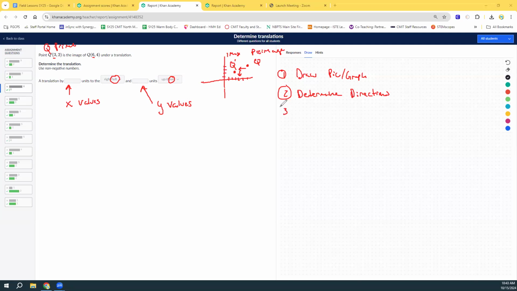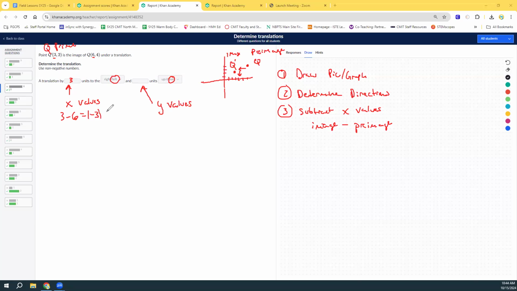So subtract x values. I'm going to use the proper vocabulary. Image minus pre-image. Okay, so the image is 3 and the pre-image is 6. So that's -3. So we're just going to say 3 units to the left.